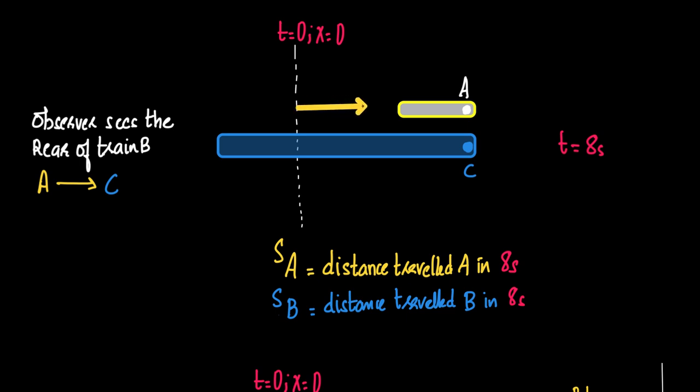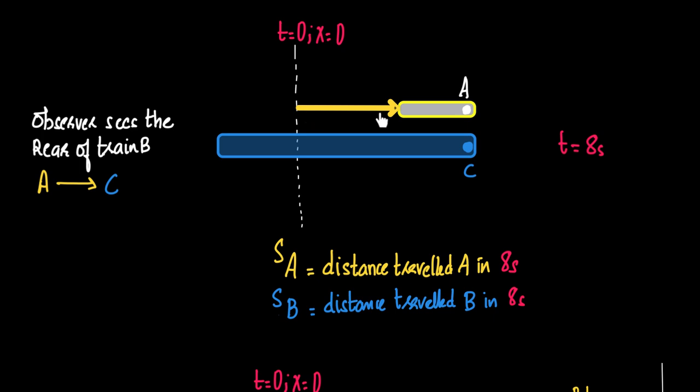this length here represents the displacement of A, which is SA. Well, every time I use displacement, it means we're using the vector approach, right? My bad. So yeah, distance, because we're using only the scalar part here.